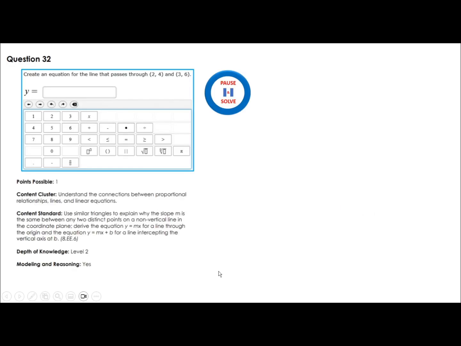Create an equation for the line that passes through (2, 5) and (3, 6)? Through these 2 points, you need to create an equation. Okay, I'm going to call this one x1, y1, and this one x2, y2. I'm going to find the slope. y2 minus y1 over x2 minus x1.